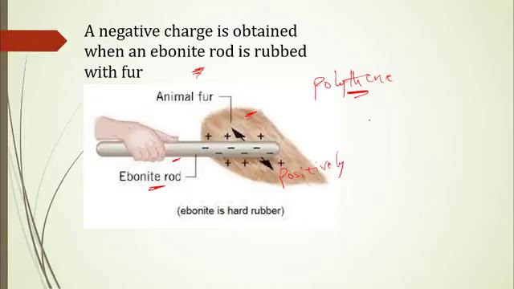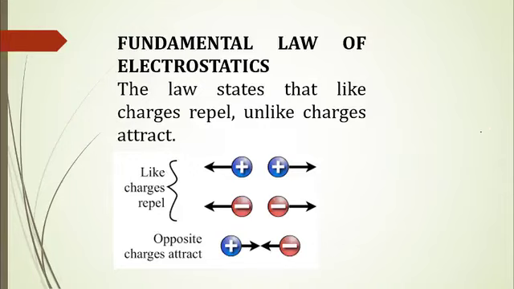So always remember the fundamental law of electrostatics, that repulsion occurs when the two charges are similar to each other, and the opposite of repulsion, which is attraction, occurs when the charges are dissimilar, or different from each other.